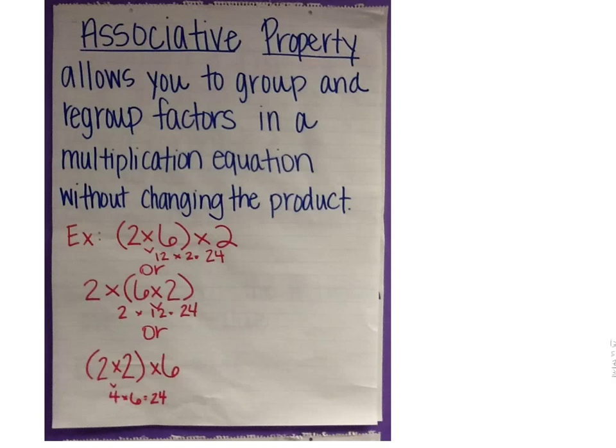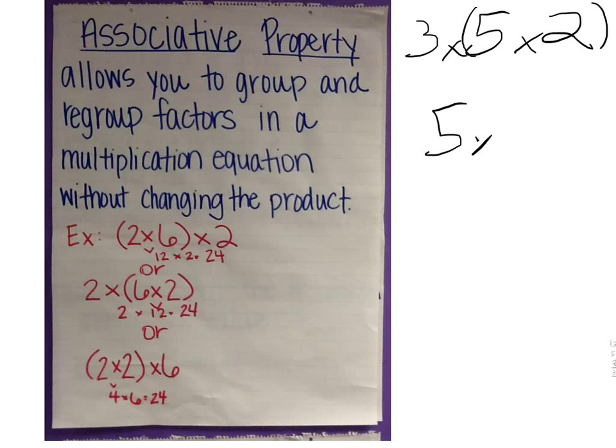Now we're going to do the same thing, 3 times 5 times 2. But instead, we're going to do 5 times 2 times 3. 5 times 3 is equal to 15.